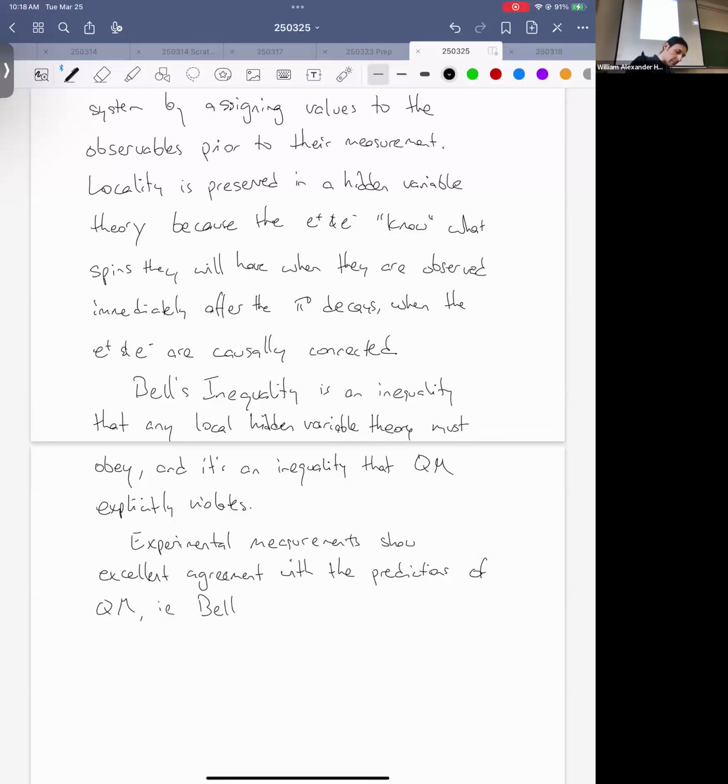I.e., nature violates Bell's inequality. And there can be no local hidden variable theory. We are stuck with quantum mechanics. So we'll go through in a moment the quantitative derivation of Bell's inequality, but I want to stop with that qualitative conceptual overview.